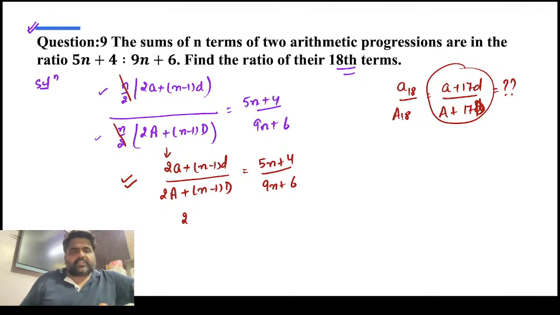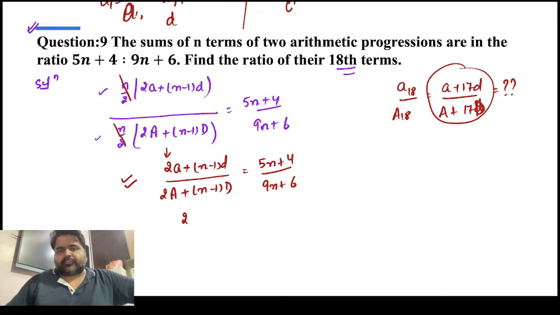Vansh, there is a sum for the two arithmetic progressions. So the first arithmetic progression is, let's say, first term small a and difference small d. And in the second arithmetic progression, the first term is capital A and difference is capital D. So we have put the formula: the sum of the n terms of the first AP divided by the sum of the n terms in the second AP.